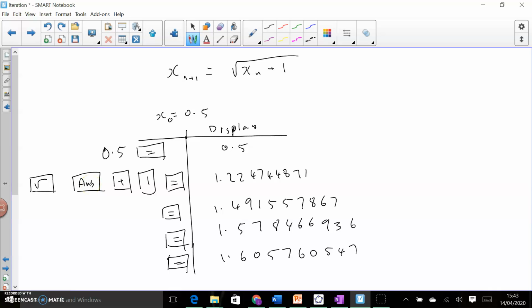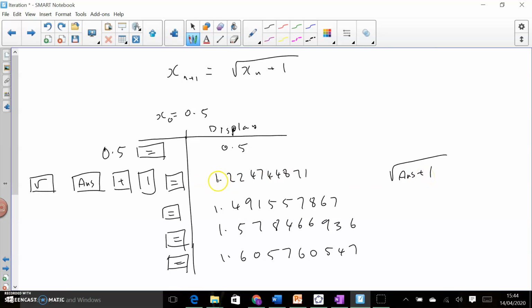In this case it would be 0.5. So you press the ANS button, which is next to equals, then plus, then 1, then equals, which will give you the formula square root of ANS plus 1. That's what it will look like on the top left of the calculator display.